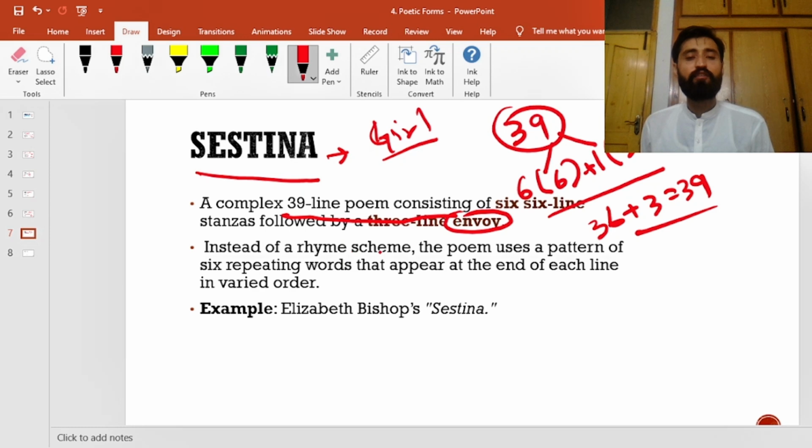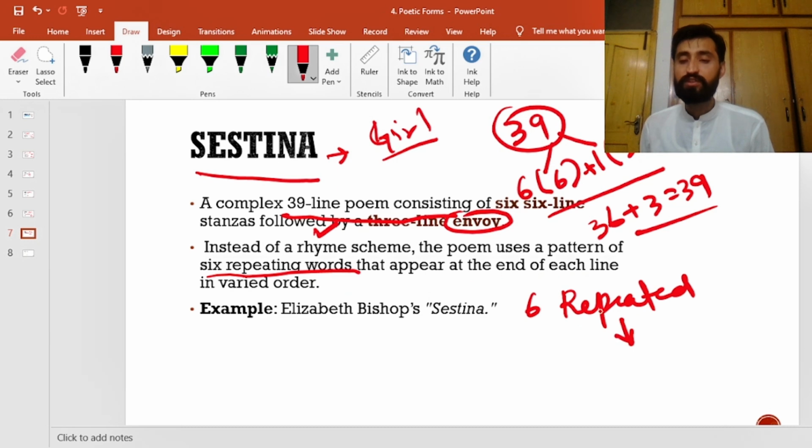Now instead of a rhyme scheme, the poem uses a pattern of 6 repeating words that appear at the end of each line in varied order. So it does not focus on the rhyme scheme; rather the poem uses a pattern of 6 repeated words.